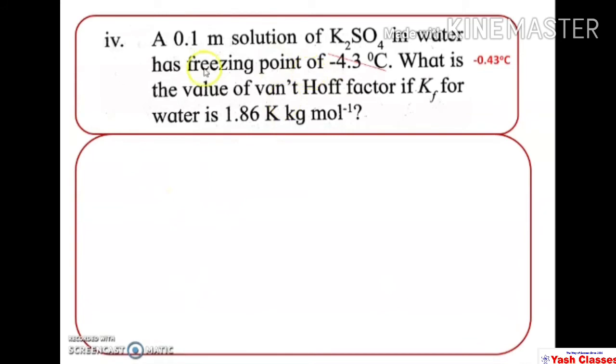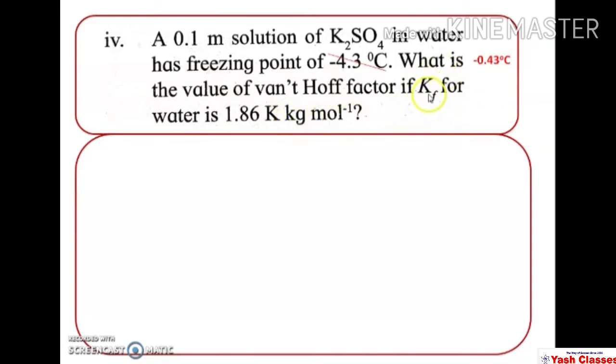Now the first problem: 0.1 molar solution of potassium sulfate in water has a freezing point of minus 0.43 degree centigrade. What is the value of van't Hoff factor i if Kf, the cryoscopic constant, for water is 1.86 Kelvin kilogram per mole?